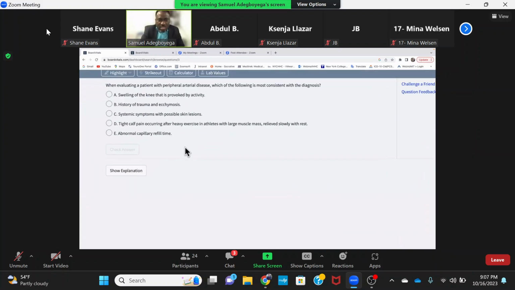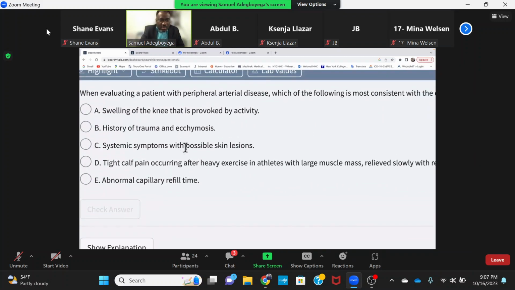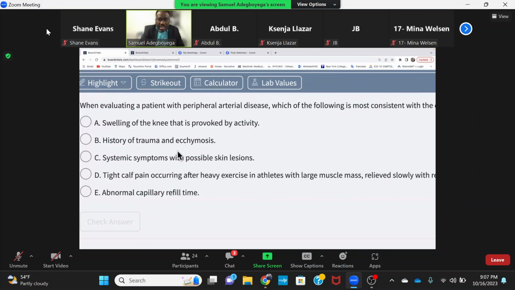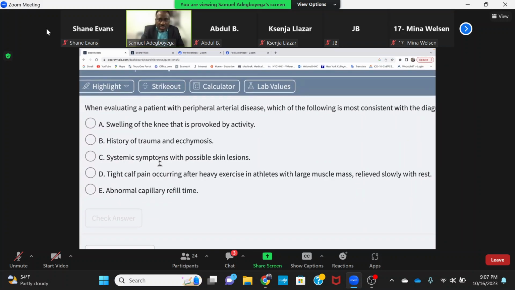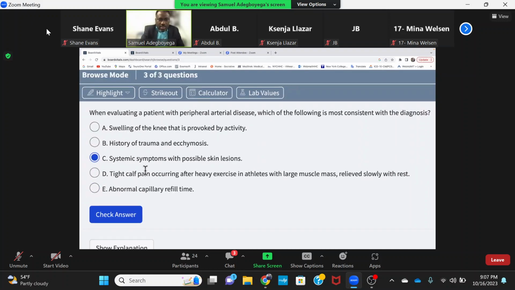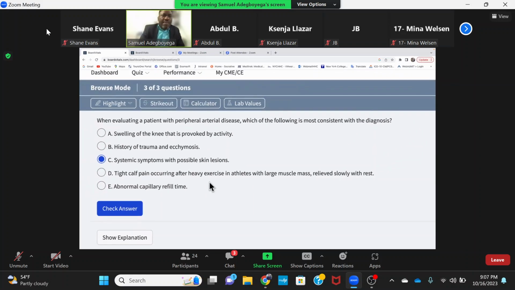Again, I didn't make this question. This is from your Board Vitals. I'm literally going on the Board Vitals. When evaluating the patient with PAD, which of the following is most consistent with the diagnosis? Let's do it together.